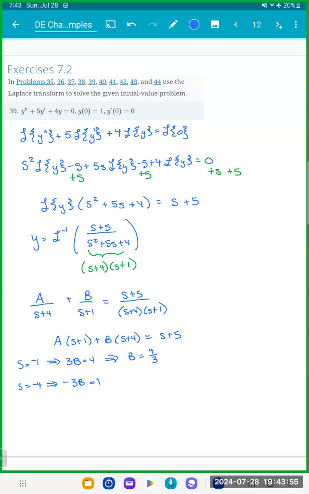I mean, not b, a. And then we end up with a equals -1/3.